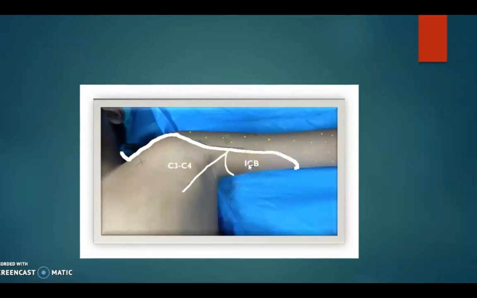In fact, we'd like to take a moment here to stress that this is the sensory involvement of the brachial plexus at any level, be it the supraclavicular or the infraclavicular area or even the truncal level, if the drug does not seep and cause blockade of the C3-C4 or the superficial cervical plexus nerves.